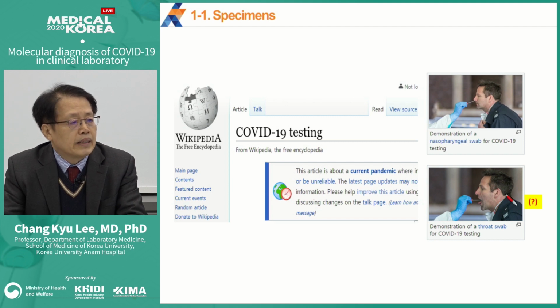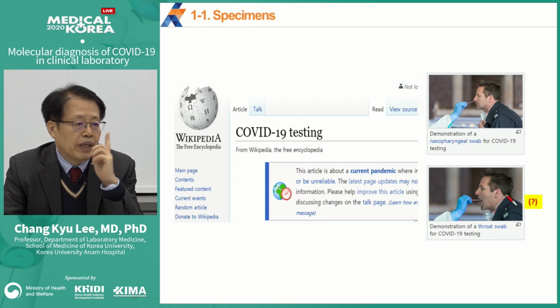Hundreds of infected cells from NP swab were noted. However, throat swab showed a few infected cells. There is a big difference. If another swab is available, it would be better to get another NP specimen through the other nostril.